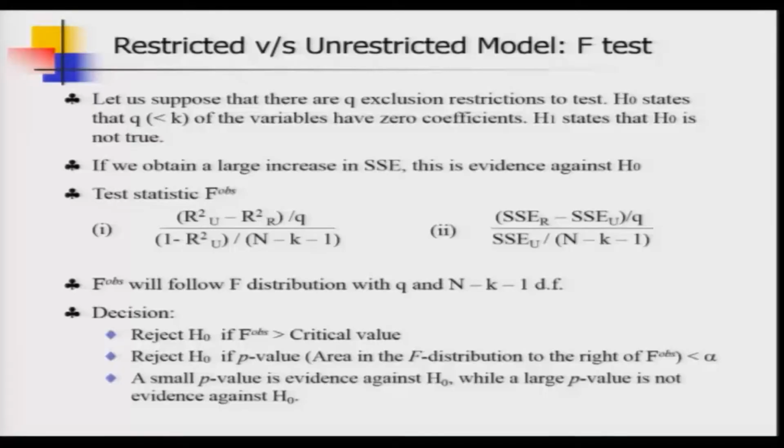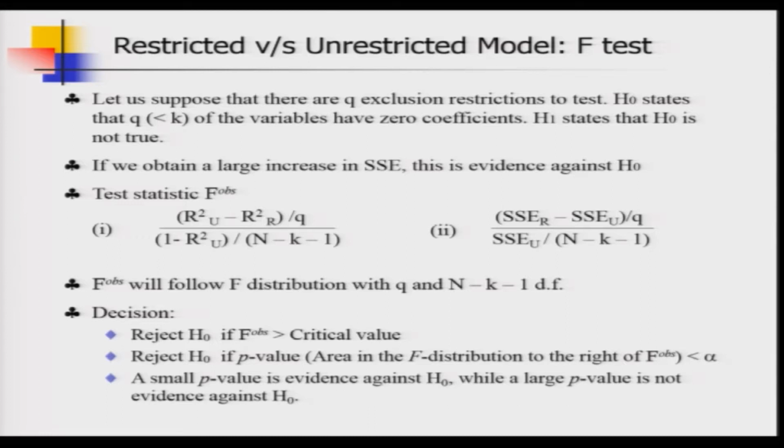One can make use of the sum of squared errors from the ANOVA table, and the other way to do an F test is to make use of R square. So, here I am going to propose two formulas, as they relate to the two different approaches we saw in the last lecture. First we are going to talk about the R square measure. Now I am showing you the formula here.